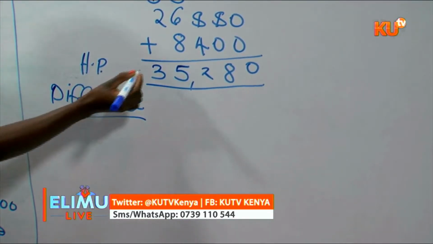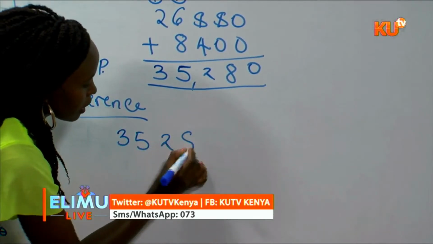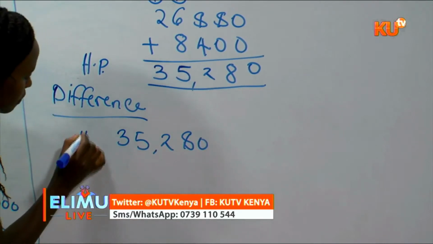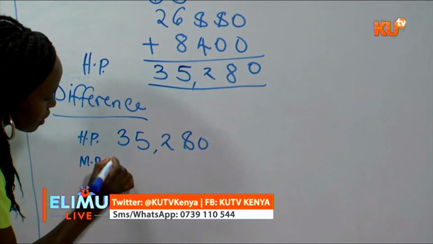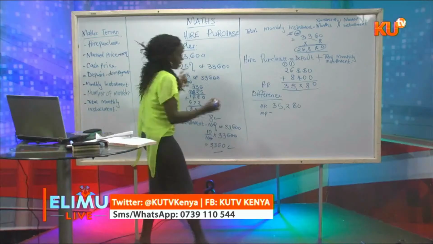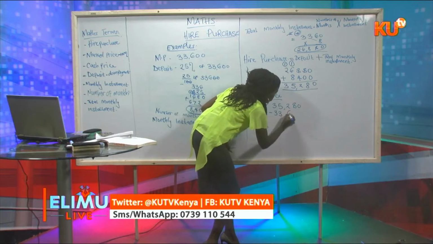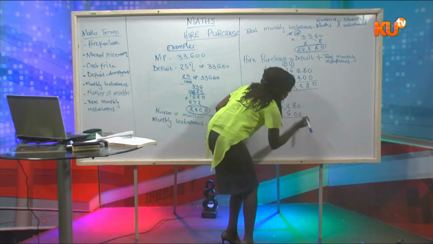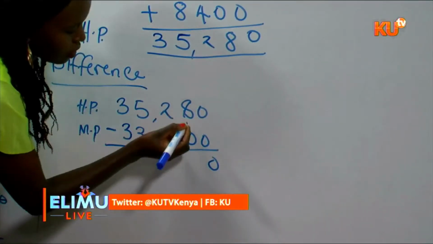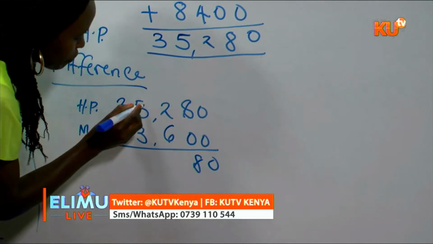So we take the hire purchase, which is 35,280. We subtract the marked price, which is 33,600. At 3,600, we get a 0. 8 minus 0 is 8. 2 minus 6, we borrow 1 from 5.